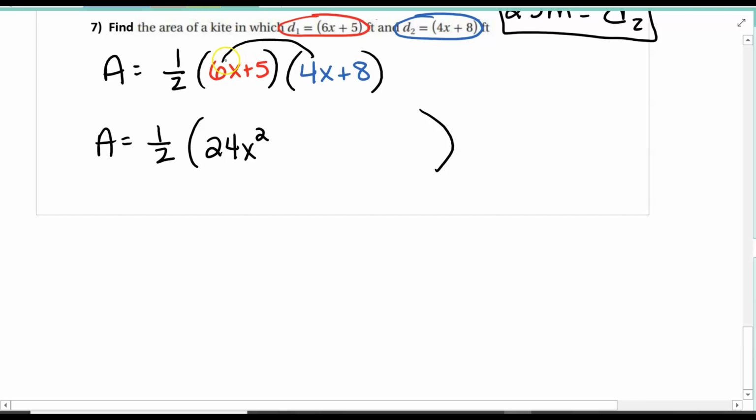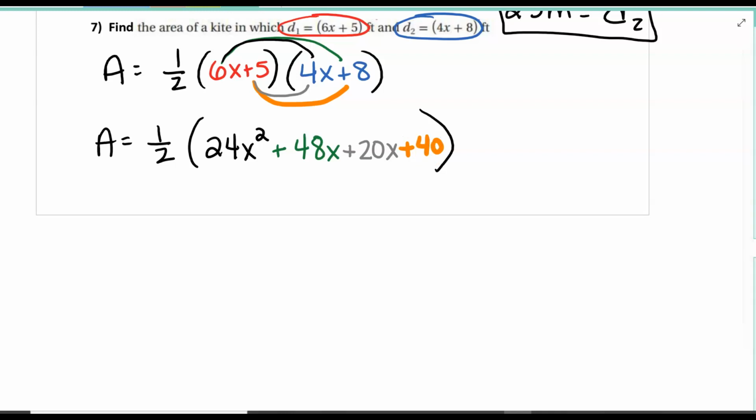I have 6x times 8, which gives me plus 48x. I have 5 times 4x, which gives me plus 20x. And then I have 5 times 8, which gives me plus 40. Now I go through and combine like terms.